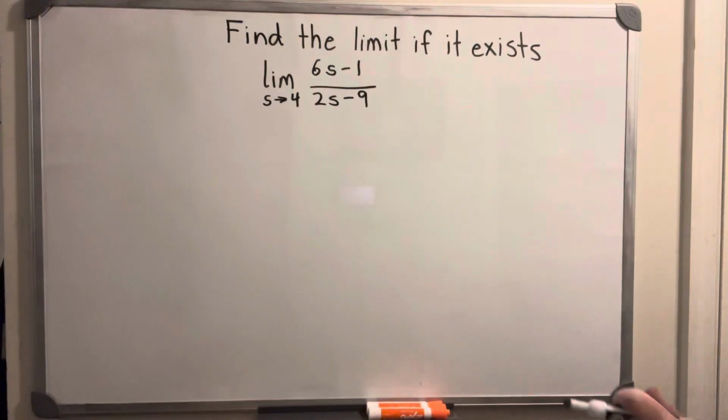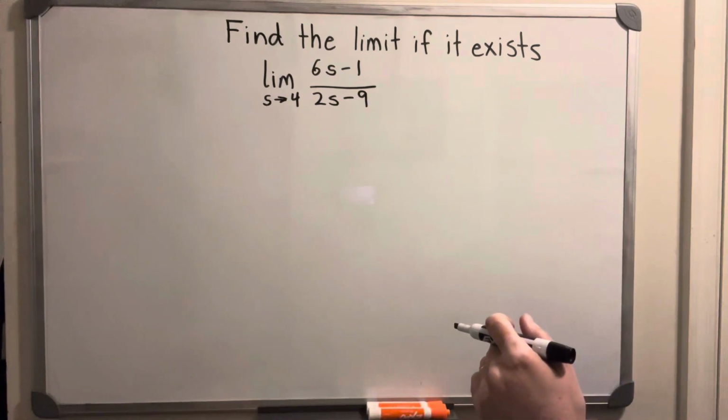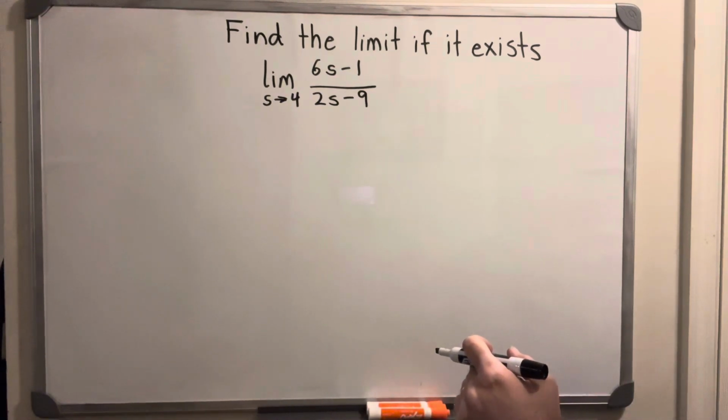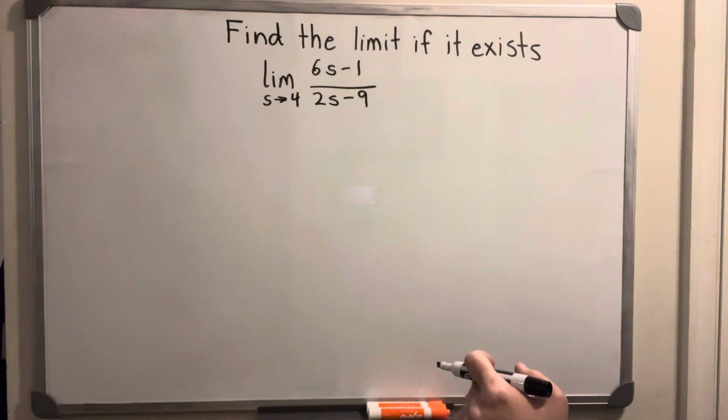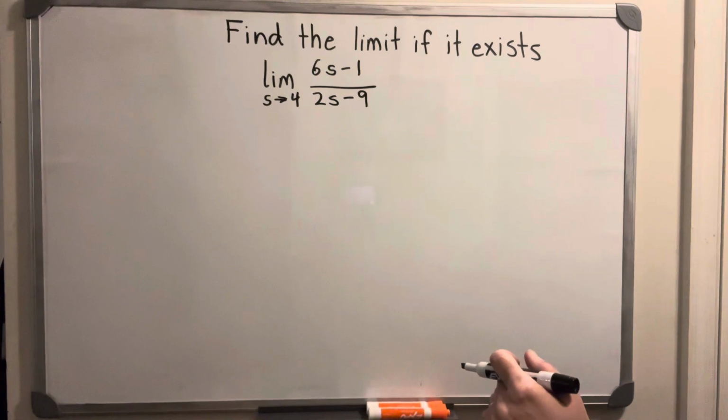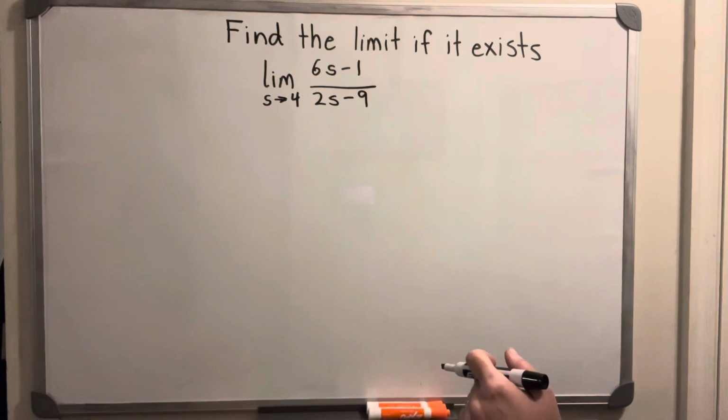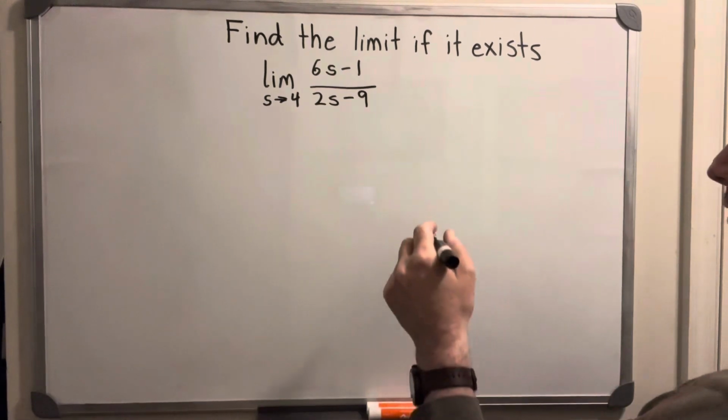And this one says find the limit if it exists. The limit as s approaches 4 of 6s minus 1 over 2s minus 9. So with this one we can use the quotient theorem for limits, but we have to make sure of something first.